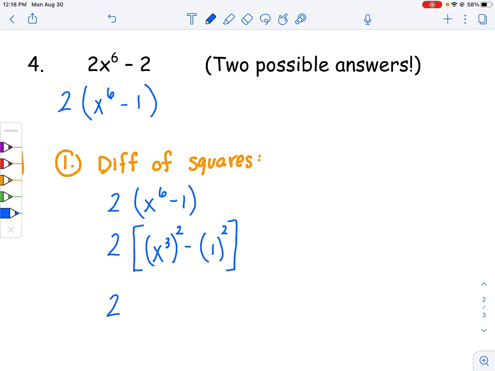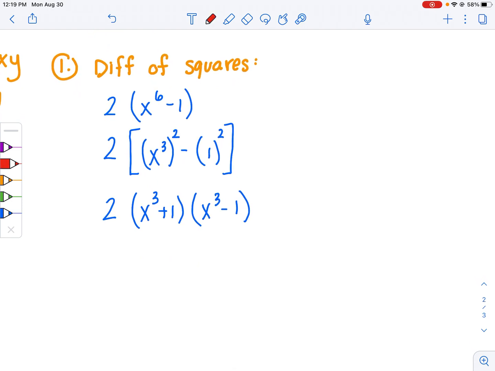The 2 just keeps coming down. This will now be x cubed plus 1 and x cubed minus 1. It's simplifying this difference of perfect squares: first one plus the second, first one minus the second.